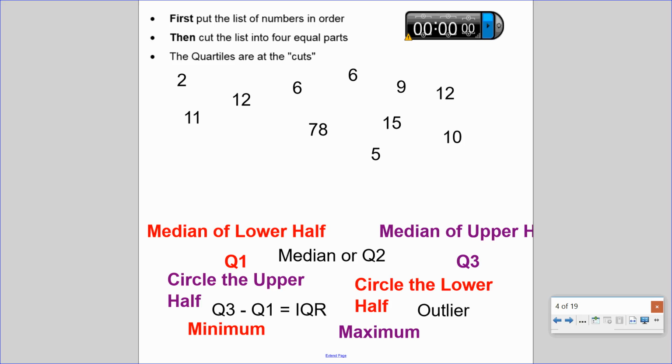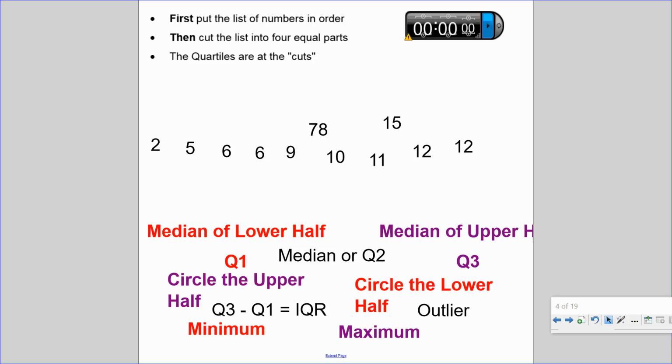Before we do that, I have a list of numbers here. We are going to put them in order first. So 2 goes here, 5, 6, 6, 9, 10, 11, 12, 12, 15, and 78.